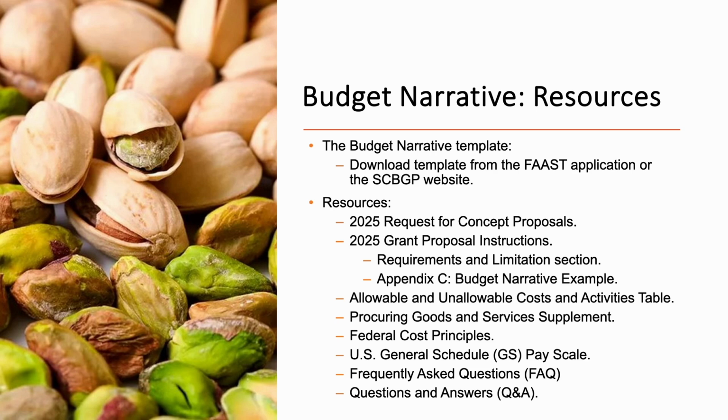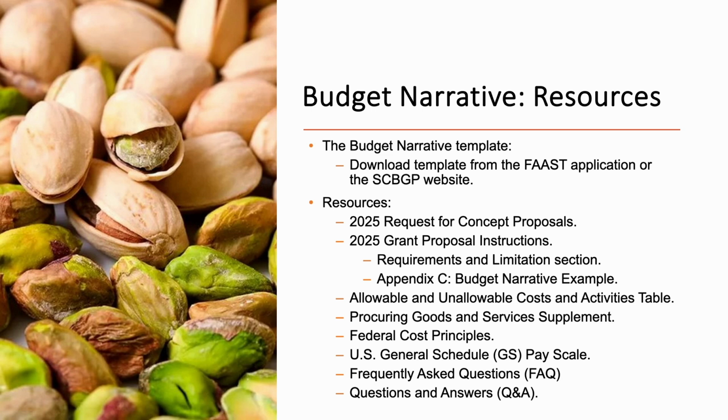Within the grant proposal instructions, you will find information about the federal cost principles, unallowable costs, indirect and direct costs, and travel in the requirements and limitations section, along with an example of a completed budget. More detailed information on allowable and unallowable costs can be found in the allowable and unallowable costs and activities table, available through a link in the grant proposal instructions and on the SCBGP website.